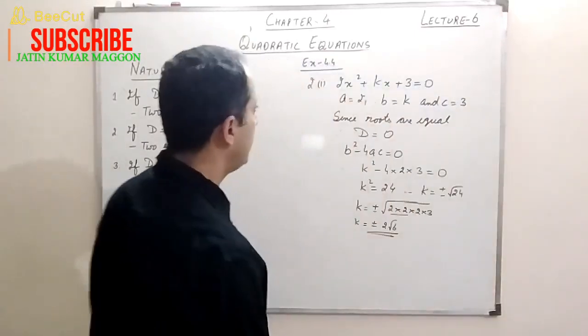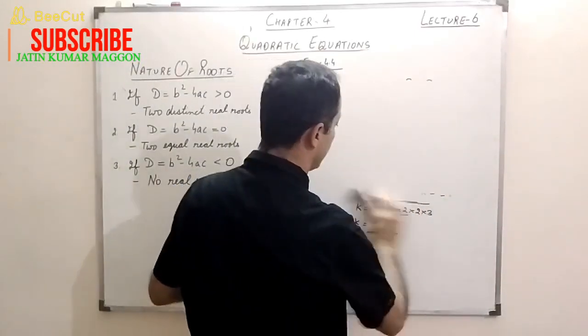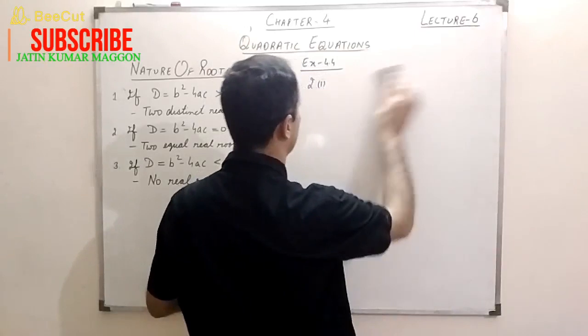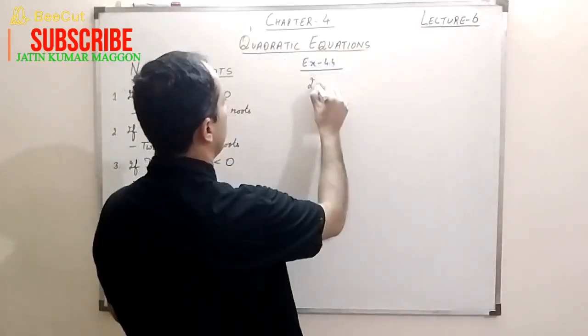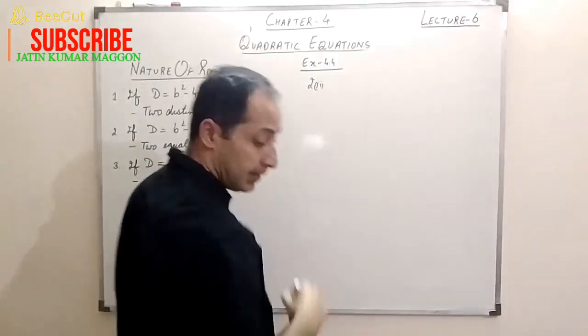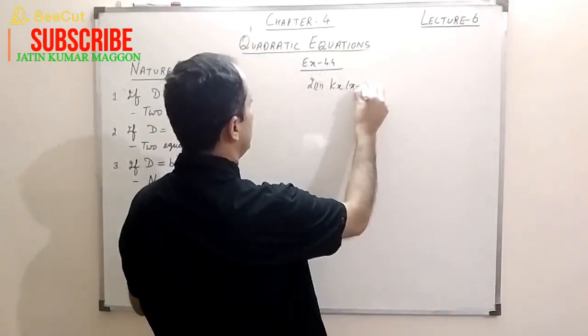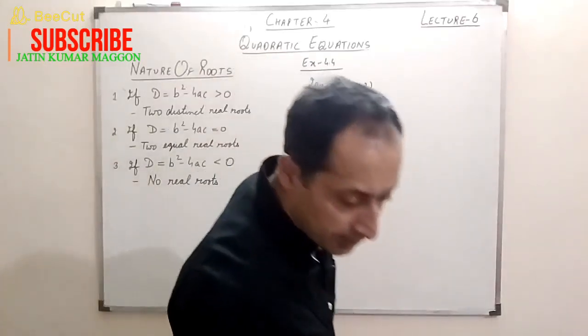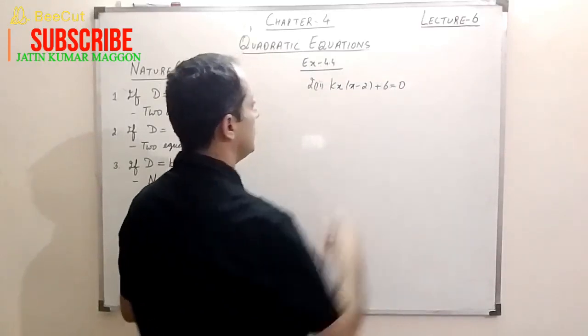Let's take the second part now. So we have kx into x minus 2 plus 6 equals 0.